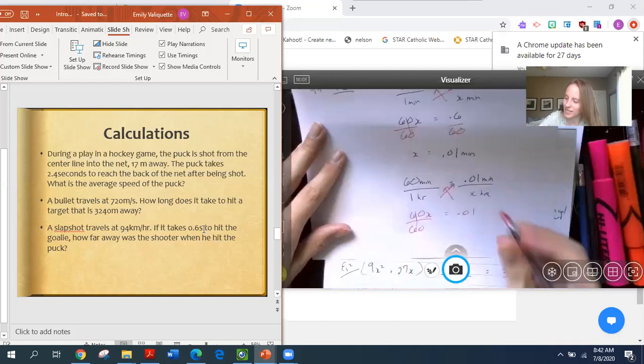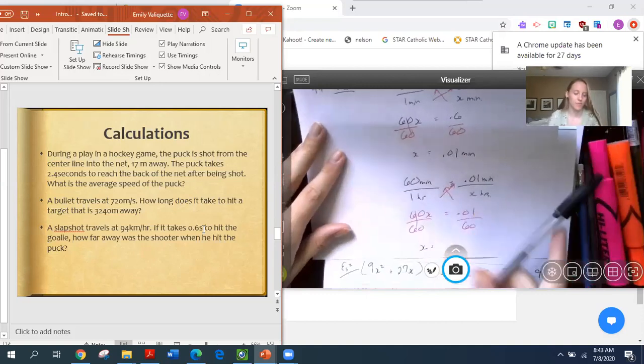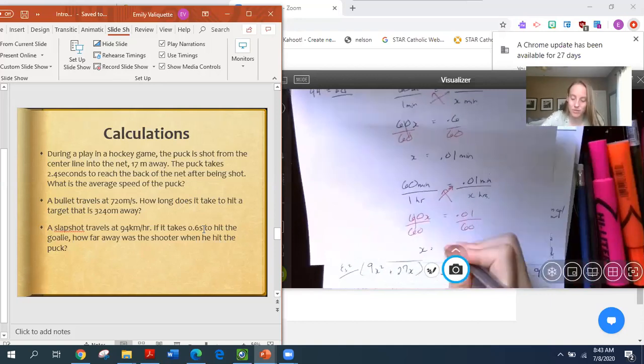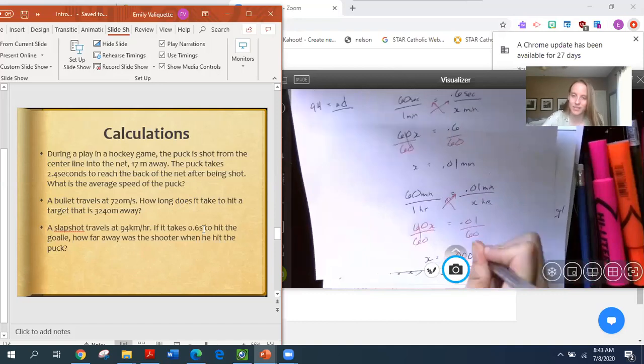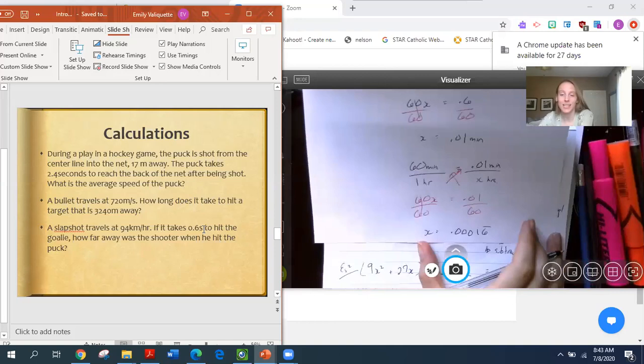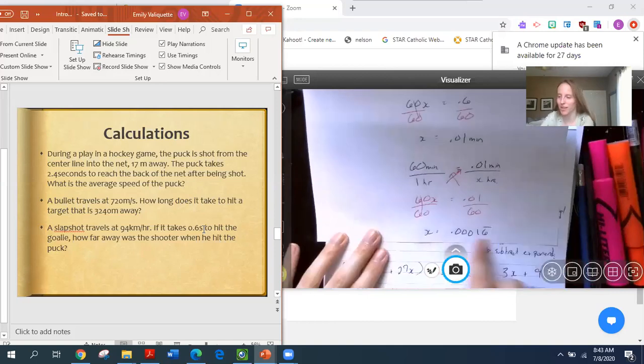And then divide by 60 to isolate for x, which is 0.00016 repeating, like so. So that is going to be the change in time that I plug in.